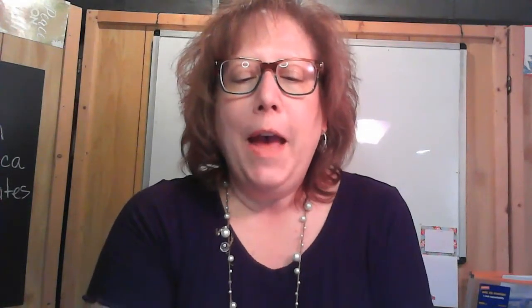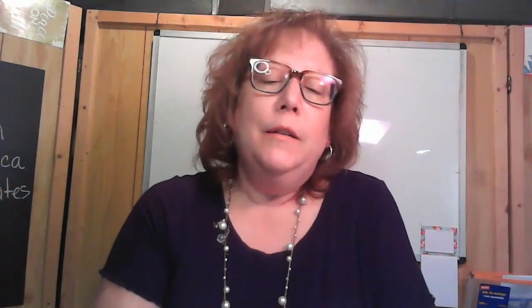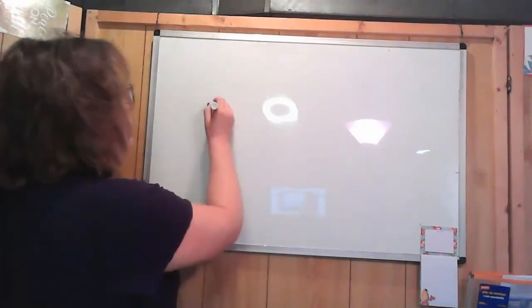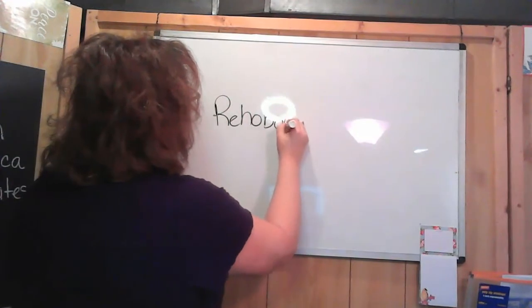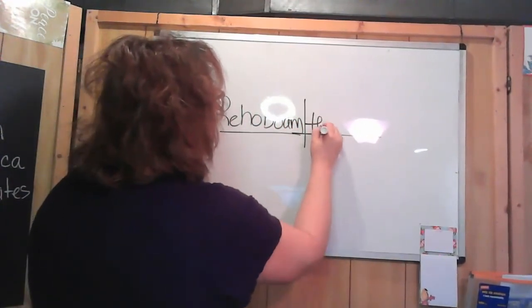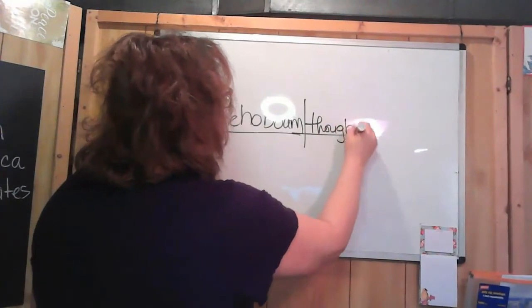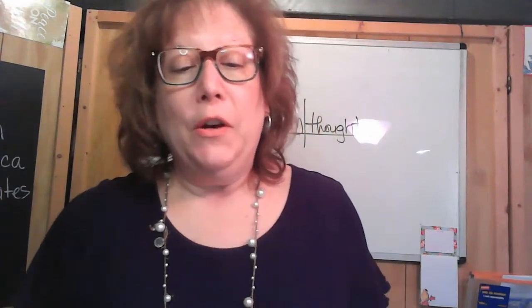All right, if you're back, I assume you have diagrammed number 3. If we ask the question, who thought, we find out Rehoboam is our subject. What did Rehoboam do? He thought. And then we have to ask the question, what did he think?